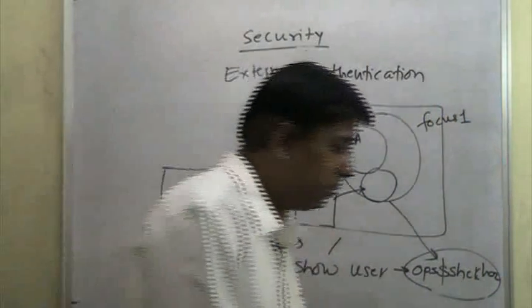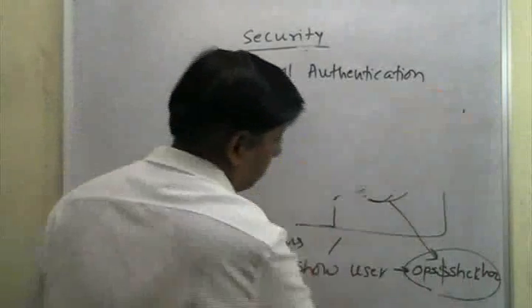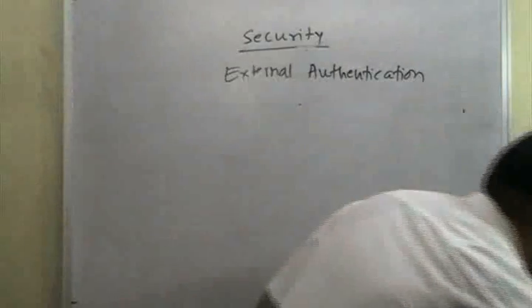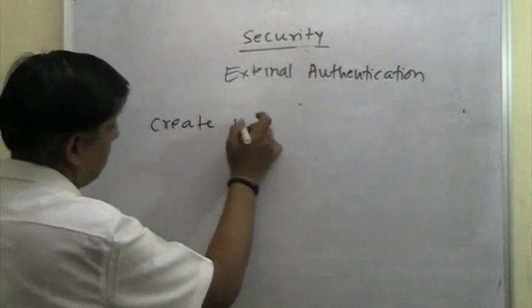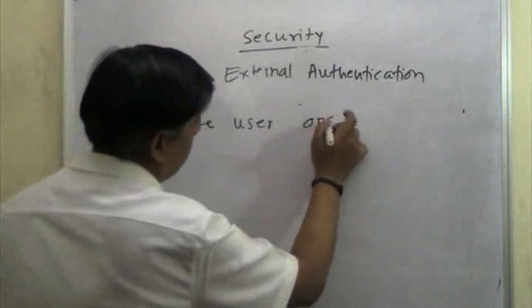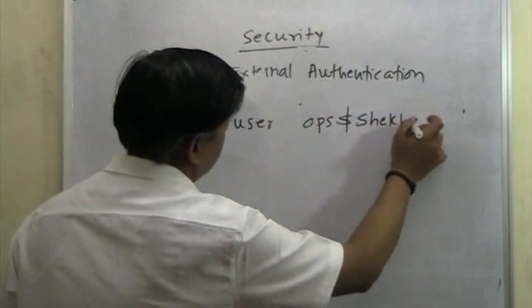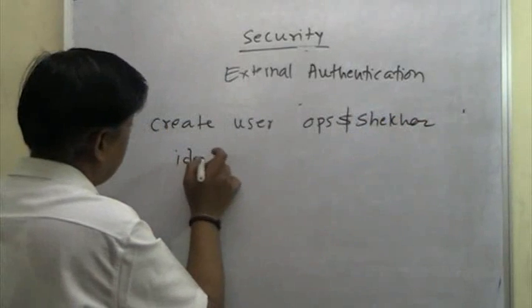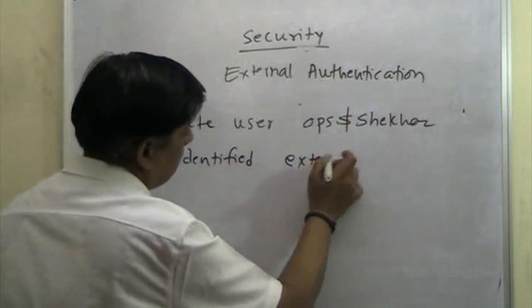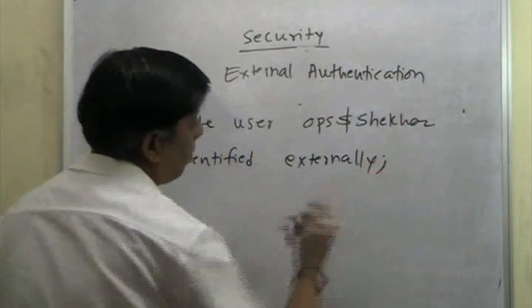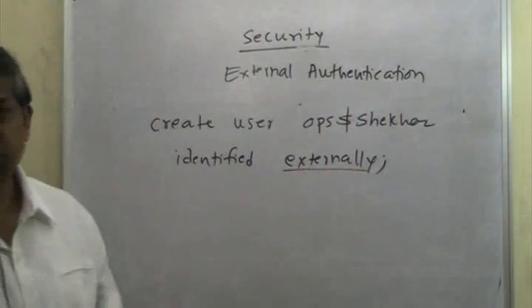Now how do you create a user with this external authentication concept? The command is very simple. Create user OPS$Shekhar identified externally; semicolon. So this externally is not really the password, it is actually a keyword.